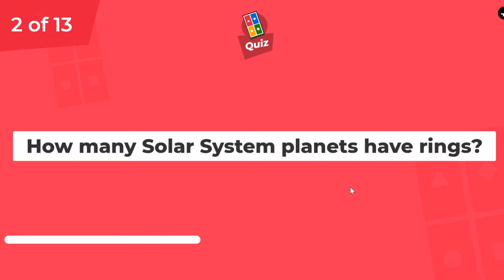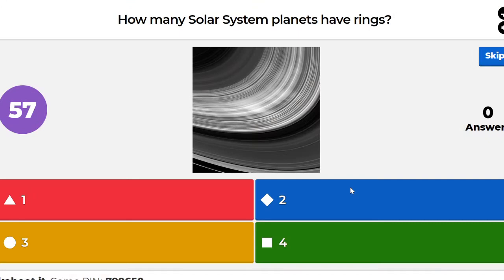Question 2. How many solar system planets have rings? 1 planet, 2 planets, 3 planets, 4 planets?